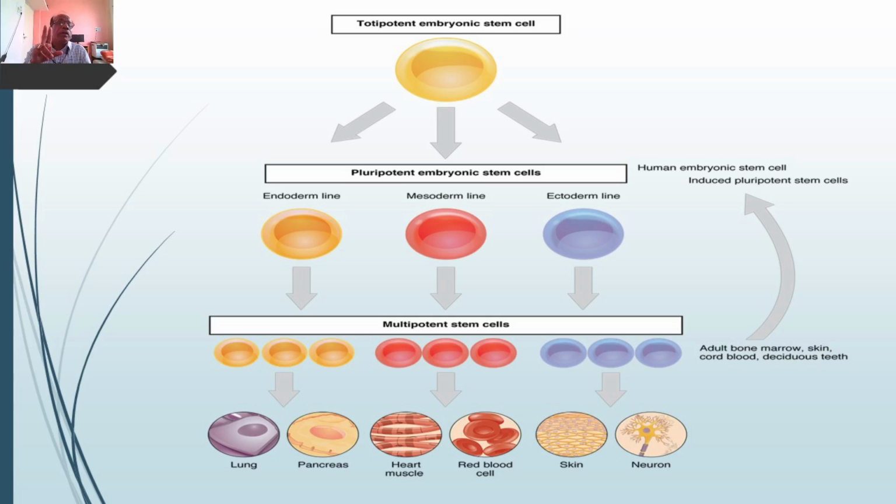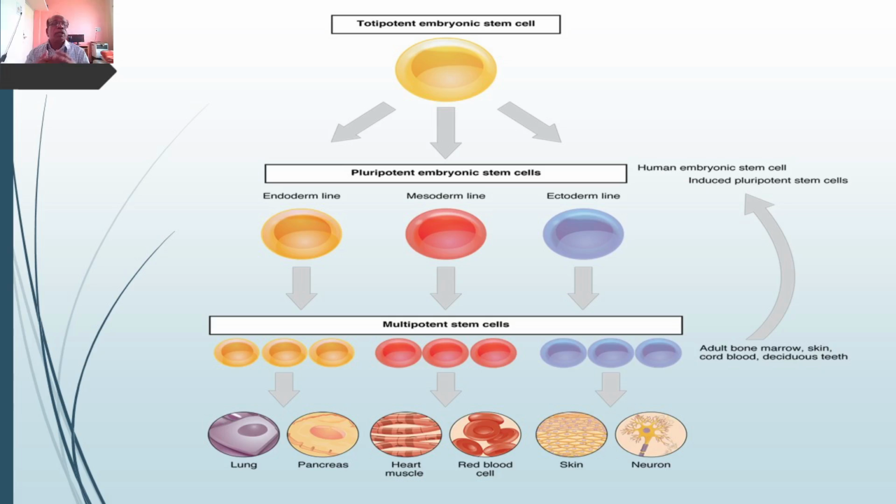So these are named or determined as ectoderm, mesoderm and endoderm. Whatever tissues or cells develop further during embryonic development, that is after gastrulation, that is organogenesis, or the formation of organ rudiments, which is the base or foundation for the differentiation of the different types of tissues and organs.